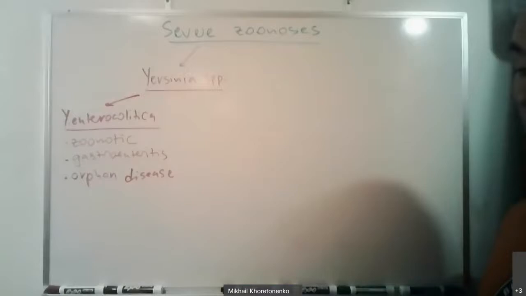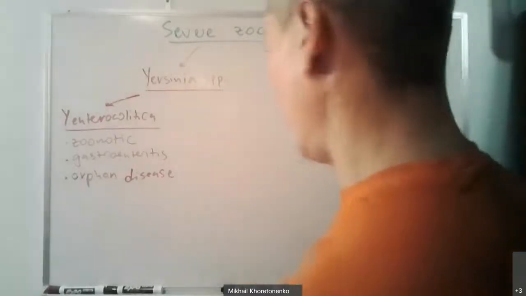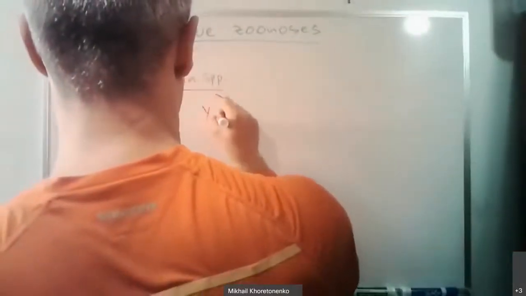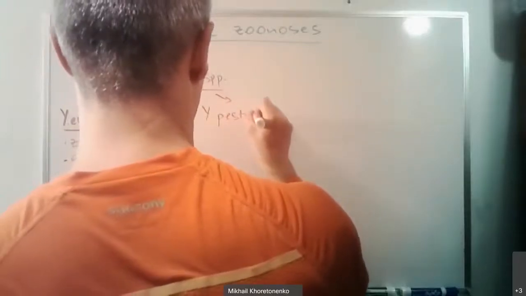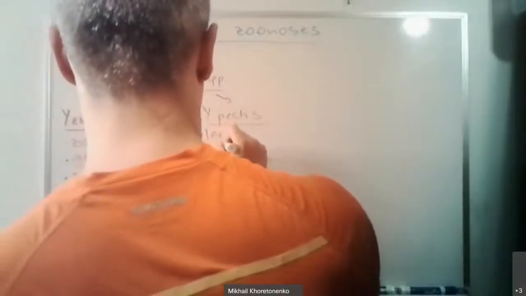It means that it is often overlooked by physicians and is not considered as being an actual cause of a particular case of gastroenteritis. The second species that I wanted to mention here is Yersinia pestis, a zoonotic agent that causes plague.